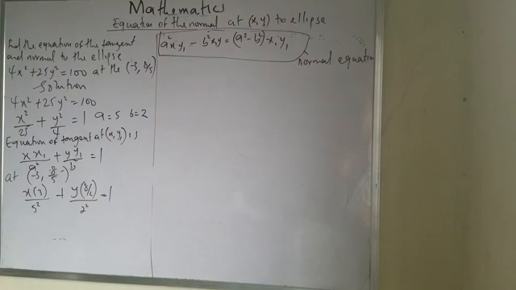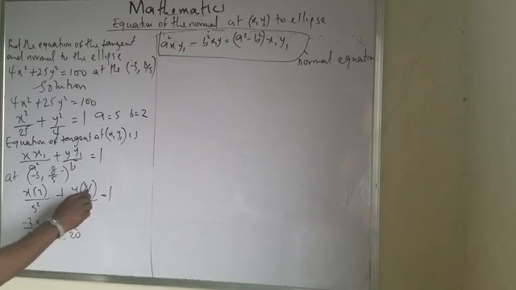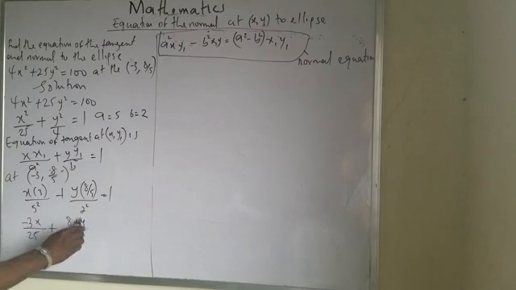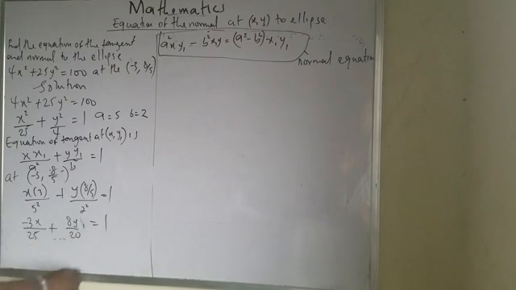Now, since I have it that way, I'll be having -3x divided by 25 plus 8y divided by 20 equals 1.